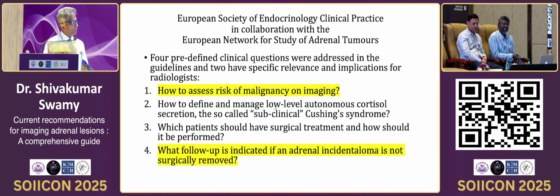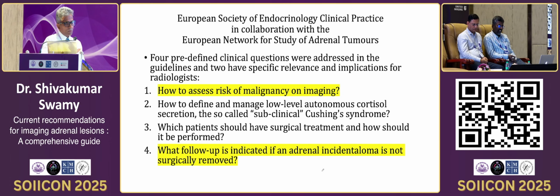You can read this article, very nicely written for beginners. There are many questions in this society guideline to answer, but two important questions for a radiologist are how to assess the risk of malignancy on imaging, and what follow-up is indicated in an incidentaloma if it is not removed surgically.